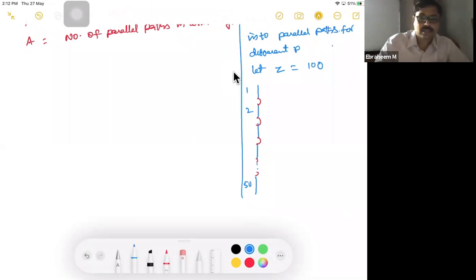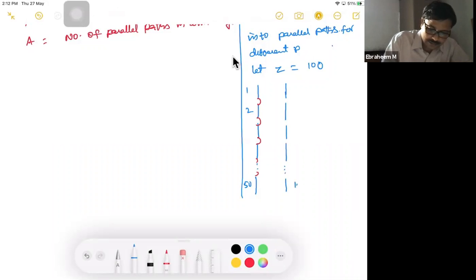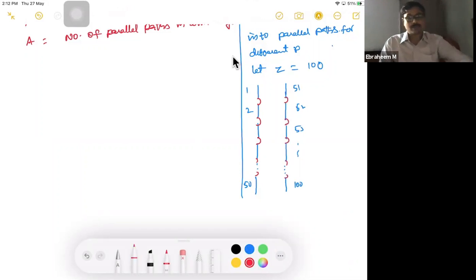Out of this 100, I can connect 50 conductors like this, and another 50 conductors I can connect in series like this. So this is the 100th conductor, and this is 51, 52, 53, and so on. They are connected in series. So first 50 is a series connection of 50 conductors, and this is another 50 conductors.